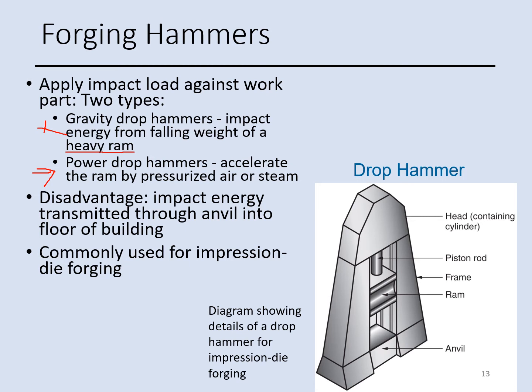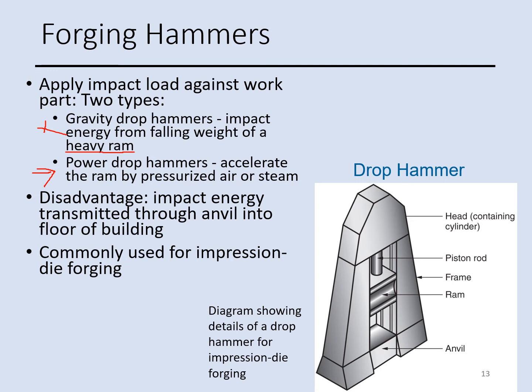The problem with the drop hammer is that the impact energy is transmitted through the anvil into the floor of the building. So the building should have a good foundation to resist that impact, and it's mostly used for impression die forging processes.